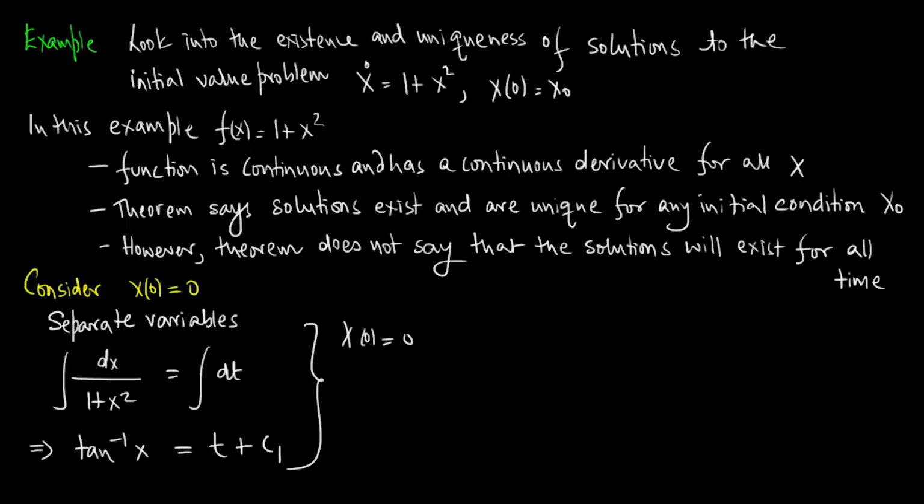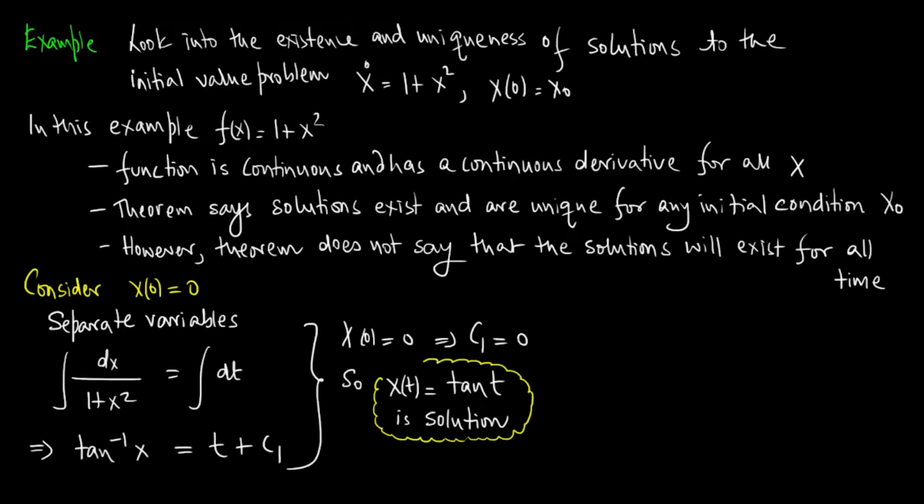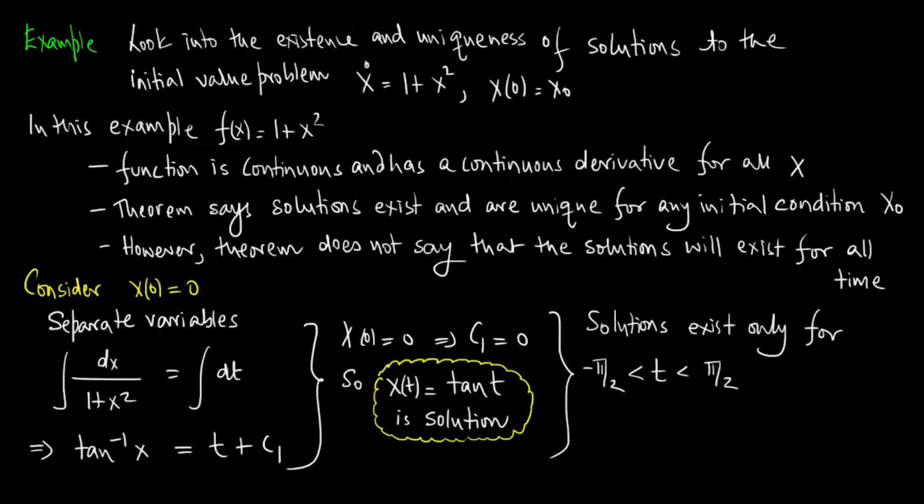With x of 0 is equal to 0, we get c1 is equal to 0. So x of t is equal to tan t turns out to be a solution for this initial value problem. But the solutions will only exist when t is actually sandwiched between pi on 2 and minus pi on 2, as x of t will tend to plus or minus infinity as t tends to plus or minus pi on 2.